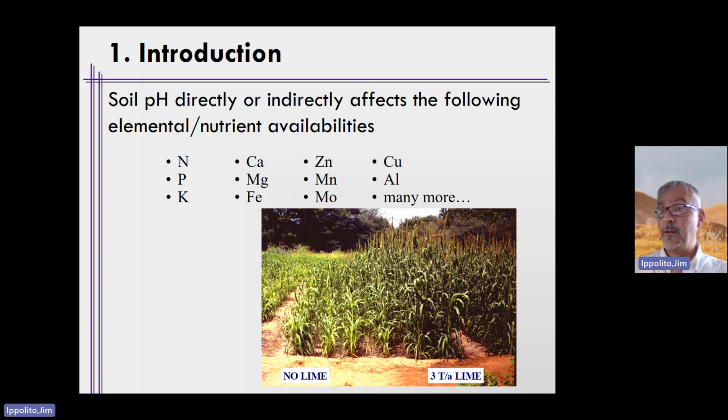The plants on the left are likely suffering from either a deficiency or a toxicity due to potentially aluminum or free hydrogen ions. The plants on the right are not suffering at all. And this is directly related to pH. This is why pH is really important to understand and why we have a whole unit dedicated to this subject.